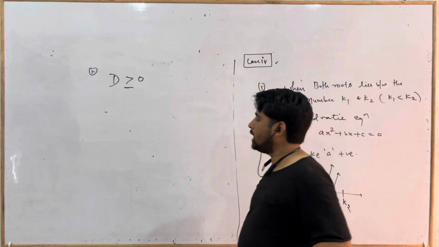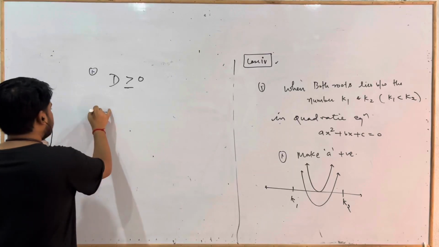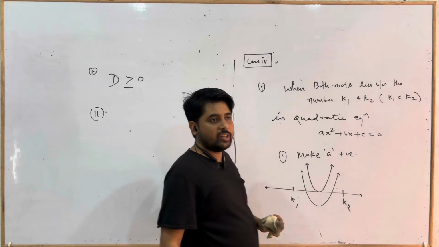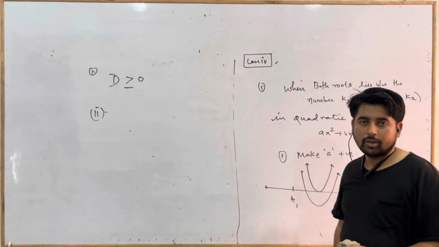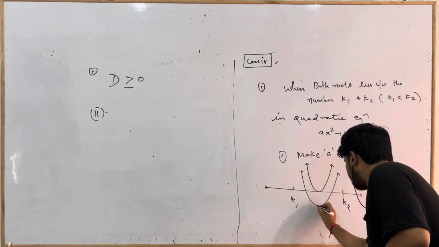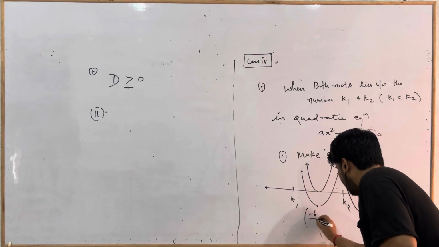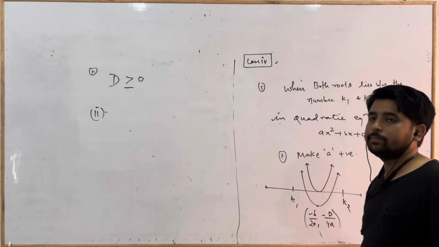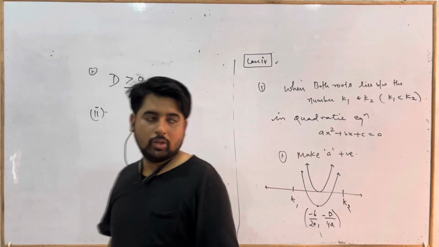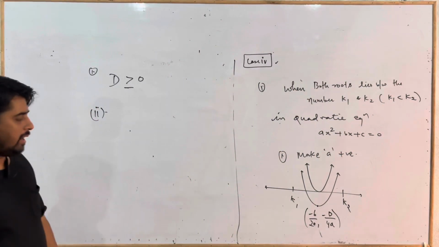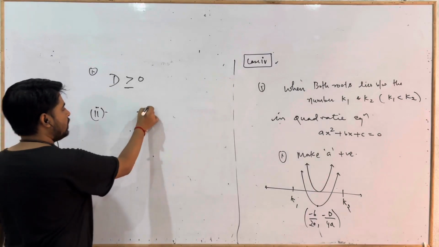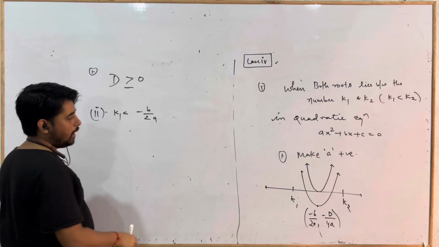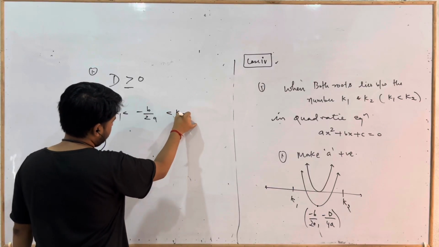Second thing, the position of minus b by 2a with respect to k1 and k2. This is the vertex, minus b by 2a comma minus D by 4a. So minus b by 2a is greater than k1 and less than k2.